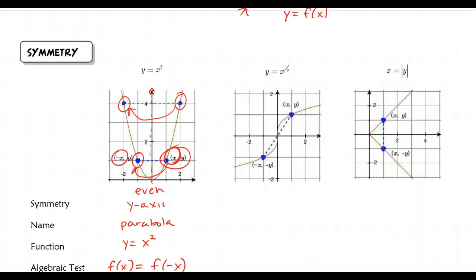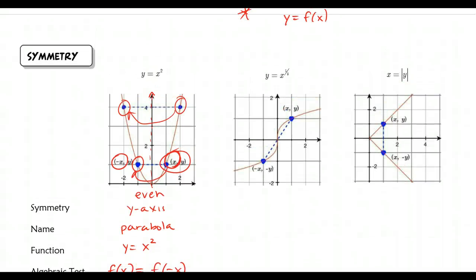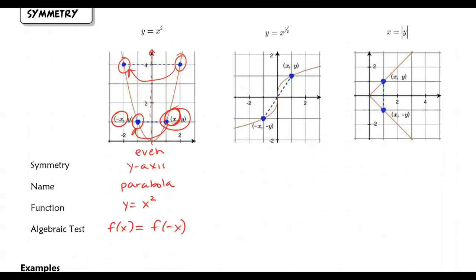Now a function is symmetric about the x-axis. Let's skip to over here. This actually is not a function. It's actually a relation because it doesn't pass the vertical line test to be considered a function, but we'll talk about that a little bit later. So where it says function, this is actually an absolute value relation.